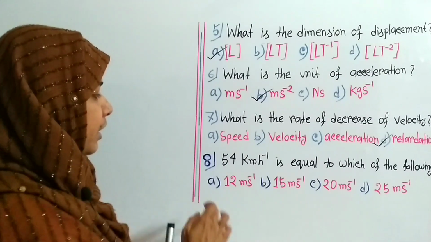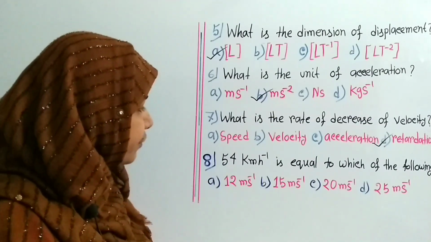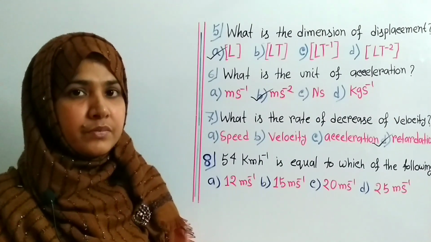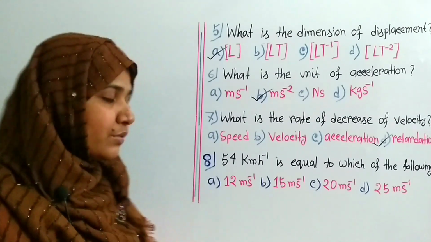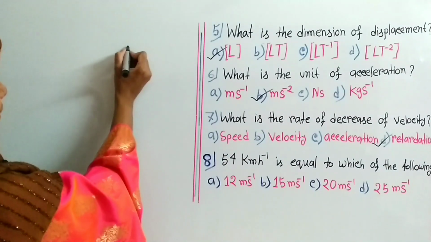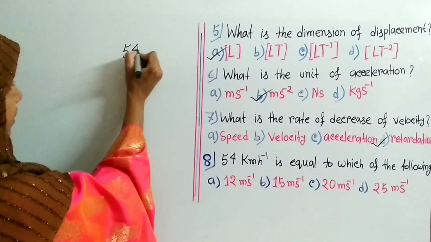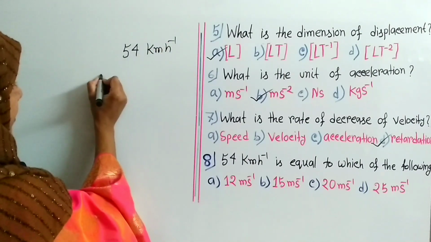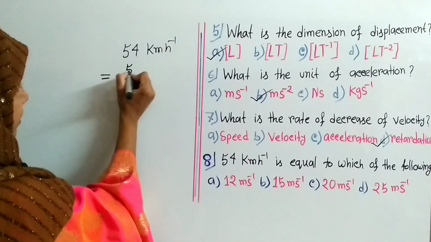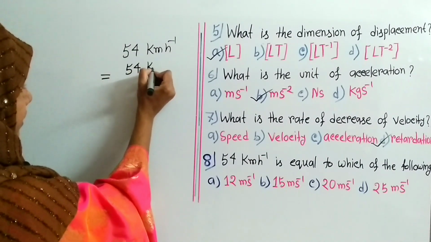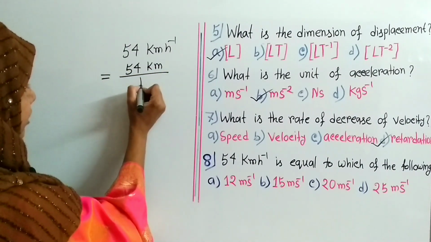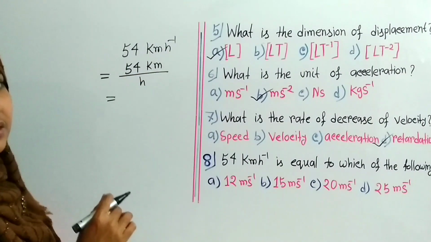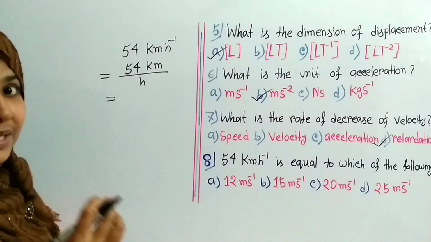Now question 8, 54 km per hour is equal to which of the following? So let's solve this one. 54 km per hour. Now we can write that 54 km divided by hour. And you know that 1 kilometer means 1000 meters.